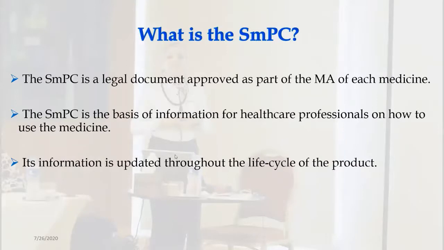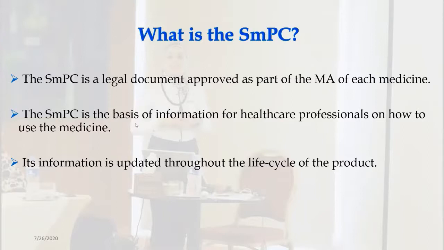For the SMPC, we will see what the SMPC is. The SMPC is a legal document approved as part of the marketing authorization of each medicine. So the summary of product characteristics is an important section which shall be submitted to the health authority during the registration process in order to be evaluated and approved, to be used, and to be addressed to the healthcare professionals.